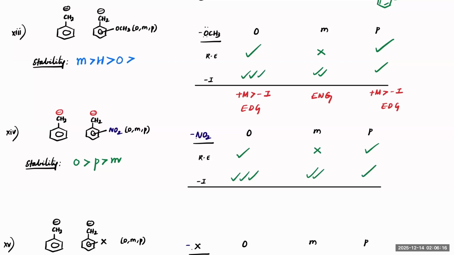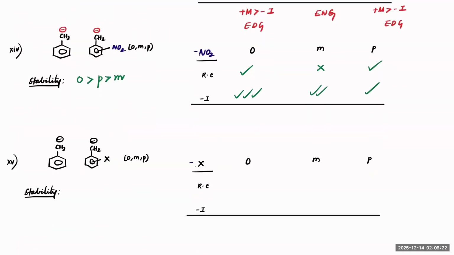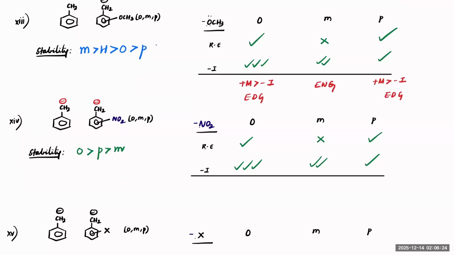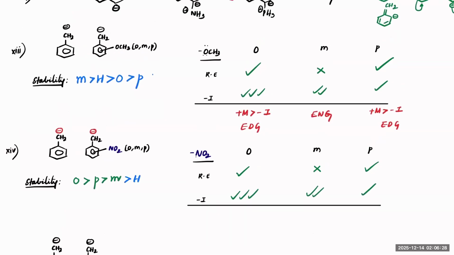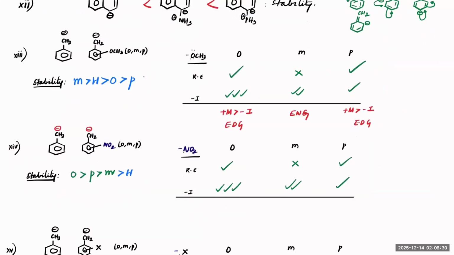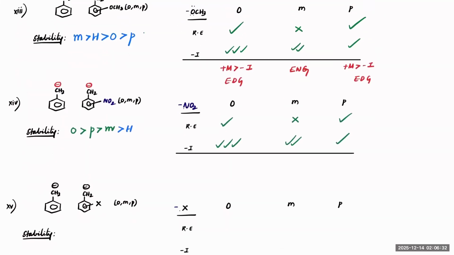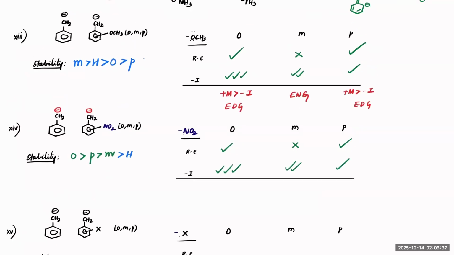We have this as ortho and then para. Next. And in this case, the last one will be hydrogen because it does not have any effects. Everybody, I hope you understood how to analyze resonance energy, minus I, and everything.